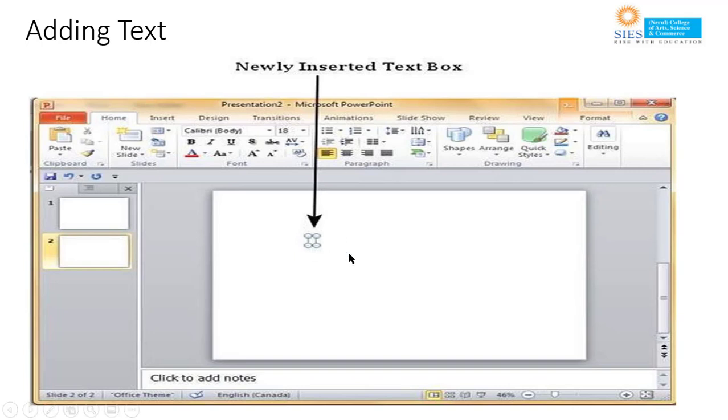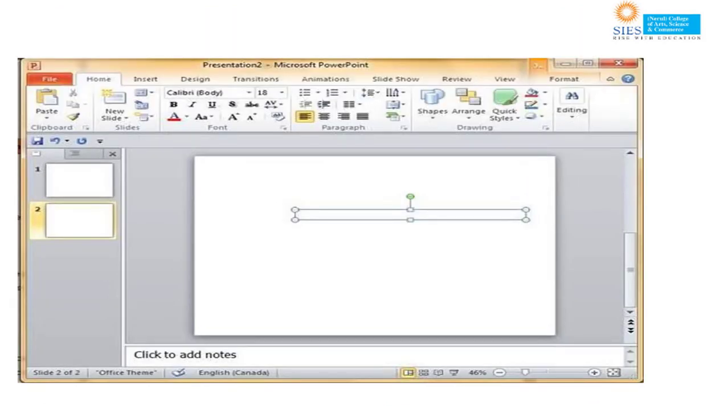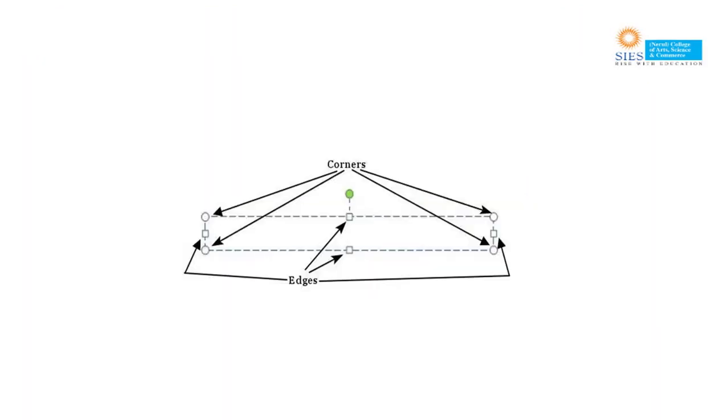So you can adjust the text box size as well, and then start typing in the text box. So these are the corners and edges. By adjusting this, you can adjust your text box according to the size of the text, or if you keep on typing, automatically the size gets changed.